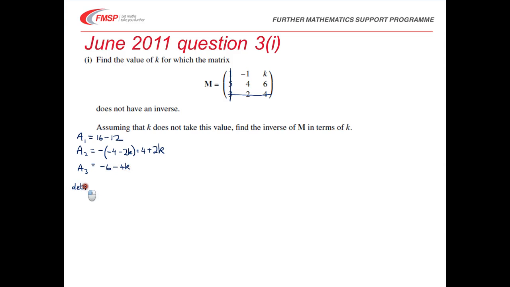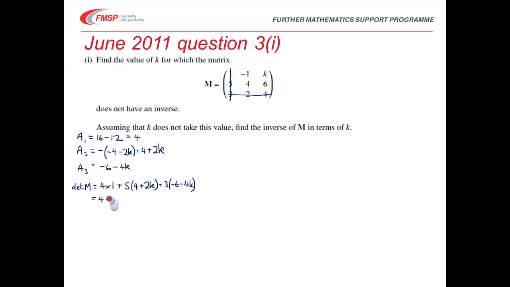Then the determinant of M is that first cofactor, which was equal to 4, times the first entry 1, plus 5 times 4 plus 2k, plus 3 times minus 6 minus 4k.